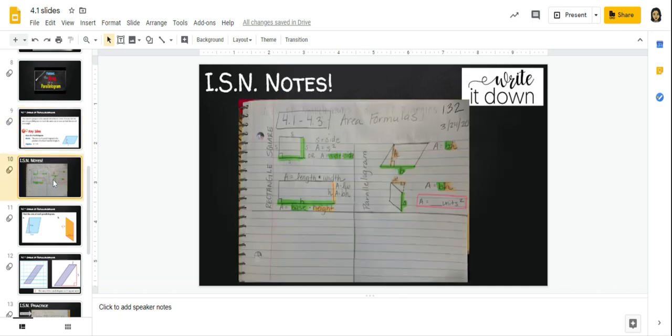So if you flip your notes back to page 132, you'll see in the next box, I've provided some visuals and the formulas for the area of a parallelogram, which again, in turn, is just like the area formula of a rectangle.